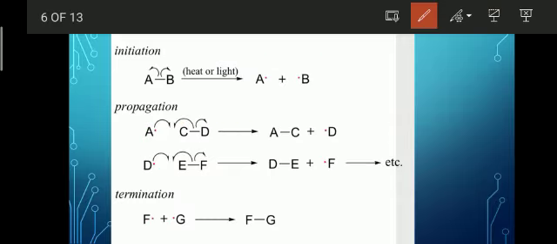The last step is chain termination. It is the opposite of the first step. In the first step, the A-B bond forms two free radicals. Here, two radicals form a new bond, meaning two like or unlike radicals form a new bond.